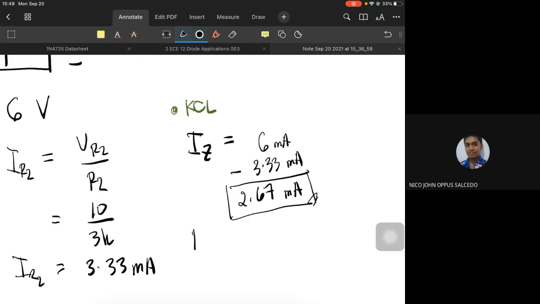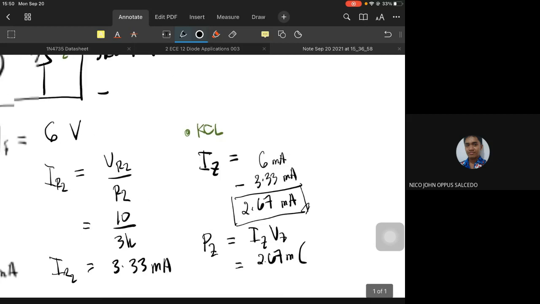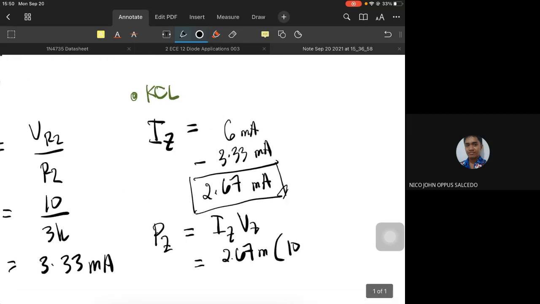Last, how much is the power dissipated by the diode? PZ is IZ times VZ. 2.67 milliamperes times 10 volts. So 26.7 milliwatts.